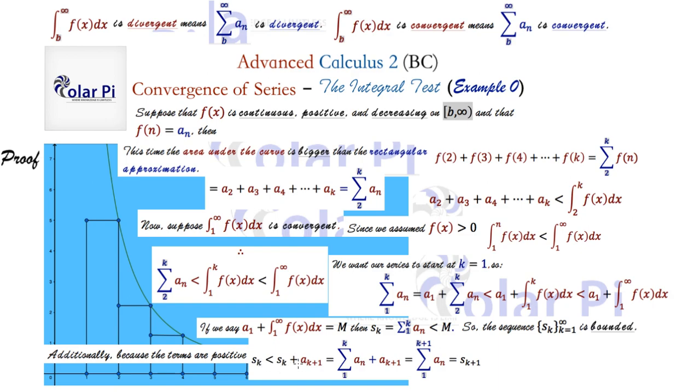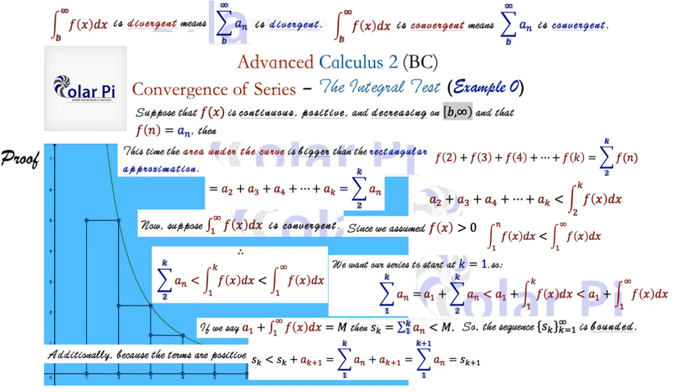We already said that f of n is positive, and so the a sub n's are also positive. But then this here is equal to this here, which in turn is equal to the k plus first partial sum. So we have from this inequality that s sub k is less than s sub k plus 1, meaning that the sequence of partial sums is increasing.